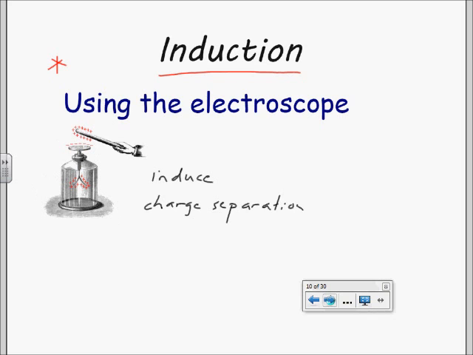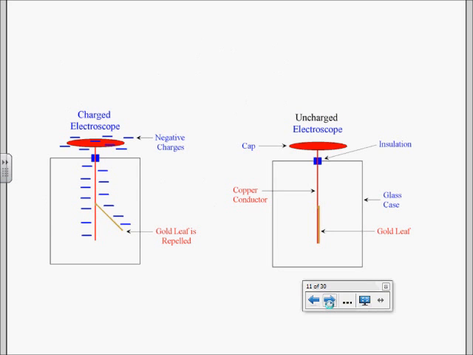If you look carefully at the diagram here, I don't think it is perfectly drawn, in that there should be an equal number of negatives compared to the number of positives down on the bottom part of the electroscope. If we look at the next diagram, on this left-hand diagram we've got an electroscope that is negatively charged. These negative charges all want to get as far away from each other as possible, so they spread themselves out evenly over the whole electroscope.